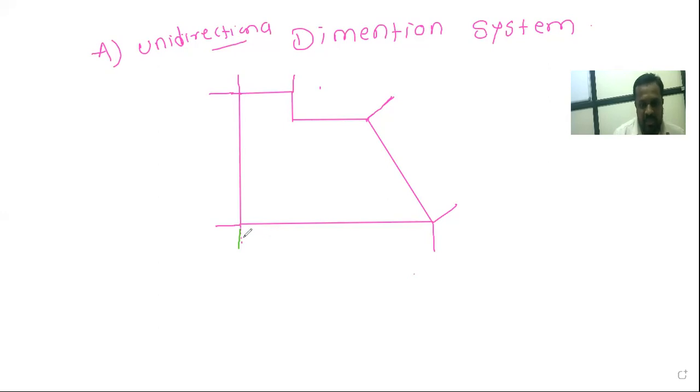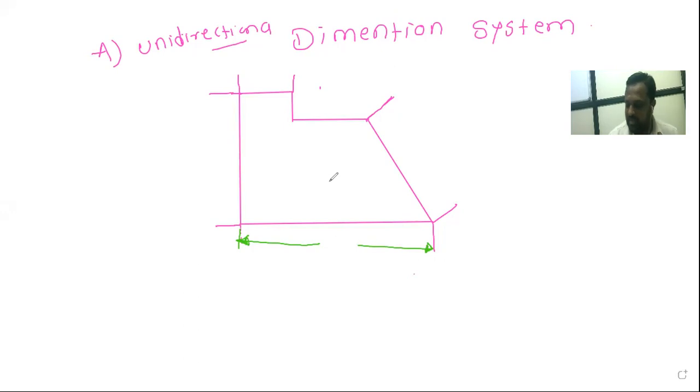We have to break the dimension line. See, this dimension line we have broken. In this manner we have to show the dimensions, and in between the break in that line we have to show the dimensions.